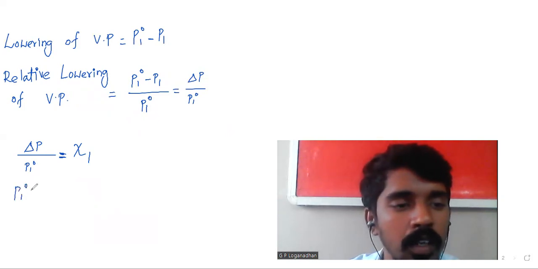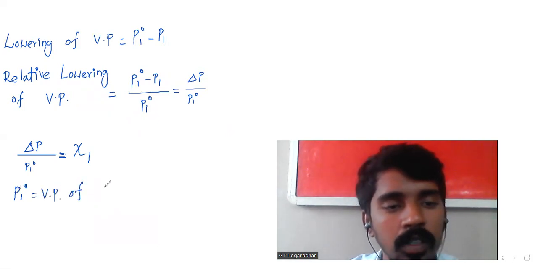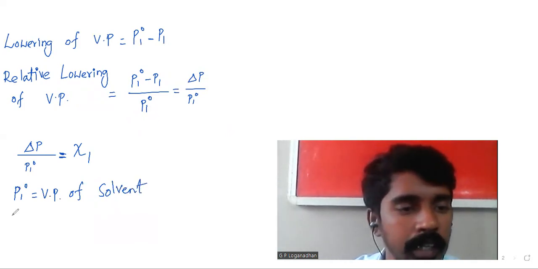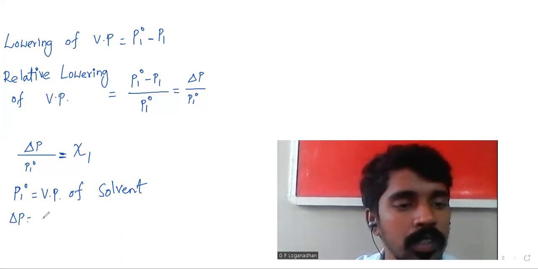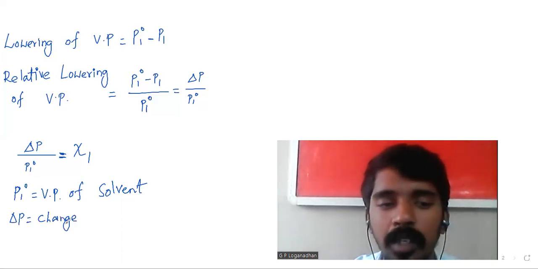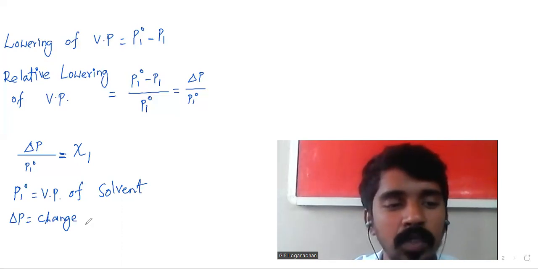P1 naught is equal to vapor pressure of solvent. Delta P equals change in the vapor pressure. So you will be taking the initial one as solvent, the final one is after adding the solute, so the change in the vapor pressure.